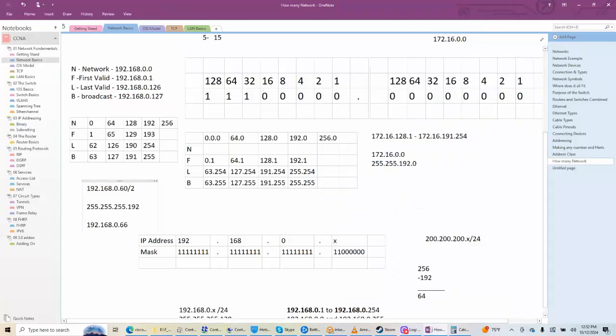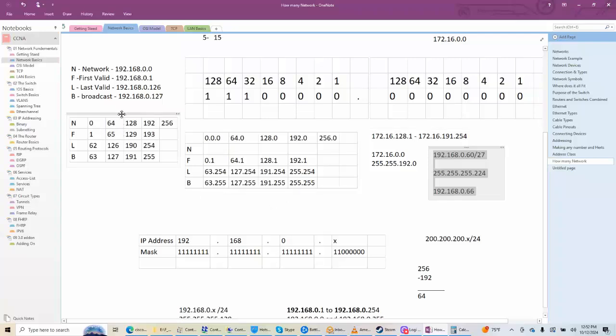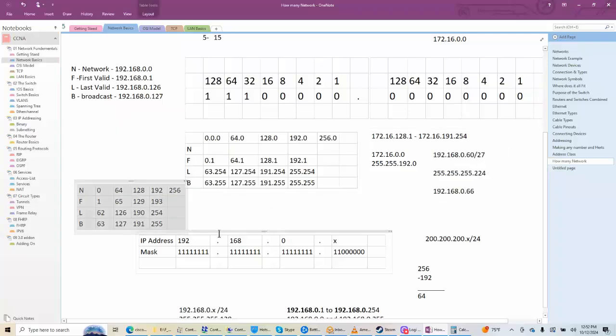That will give me a slash 27, and that will change my subnet mask to 224. And we already know, based on what I told you before, that we're going to have 32 hosts each. So that is going to make it like so.